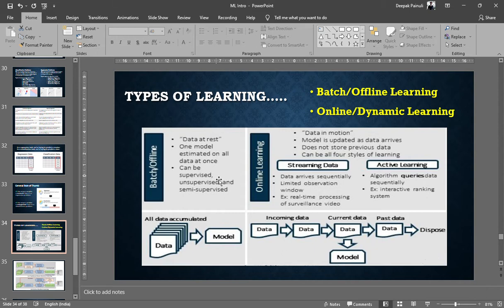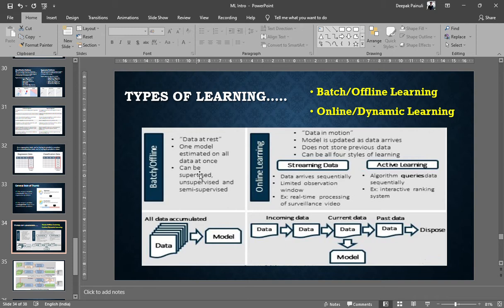In that case also it is applicable. In the earlier time, when we developed machine learning models, we first developed them for batch processing only. That means we trained our model offline only in earlier phases.